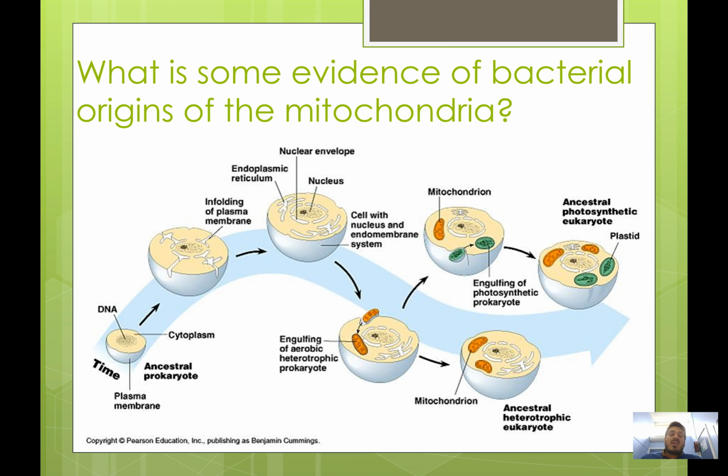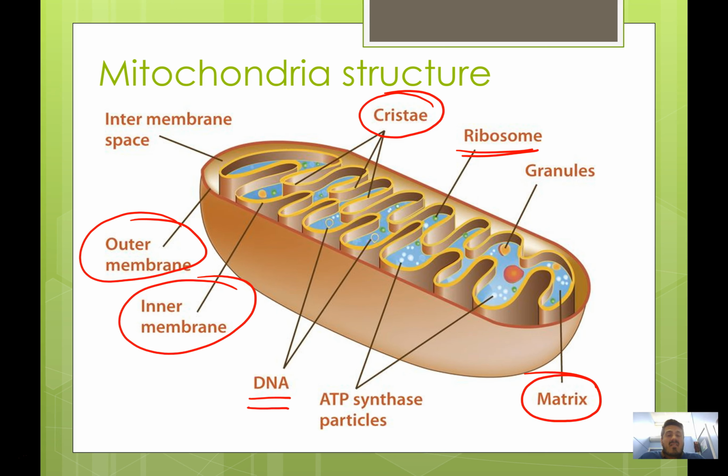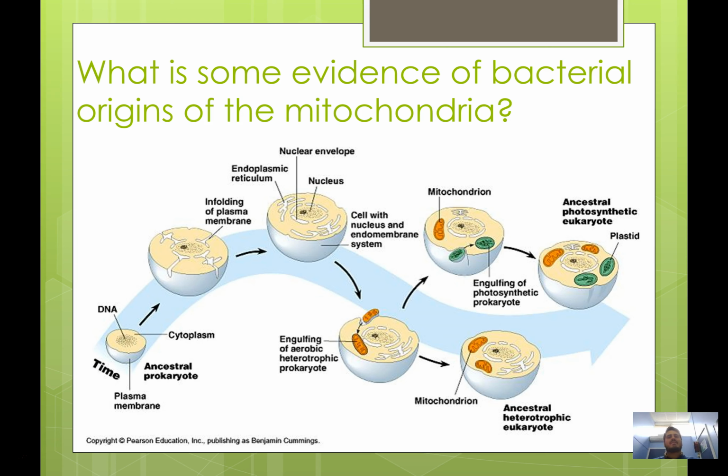We think that they have a bacterial origin because of, one, their size, but more importantly, they have an outer membrane, which we think is the original membrane of the old eukaryotic cell that engulfed the bacterial mitochondria. It has an inner membrane, which is the original membrane of the bacteria that used to be that mitochondria. And it also has its own DNA and ribosomes to produce proteins. They're probably the biggest pieces of evidence.